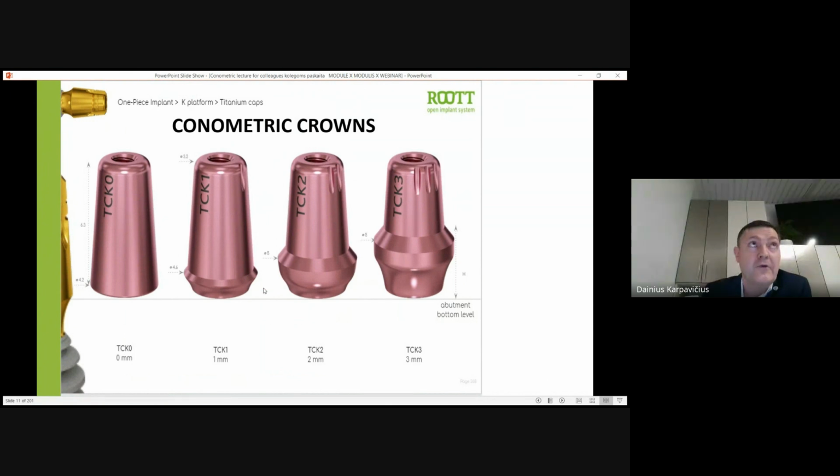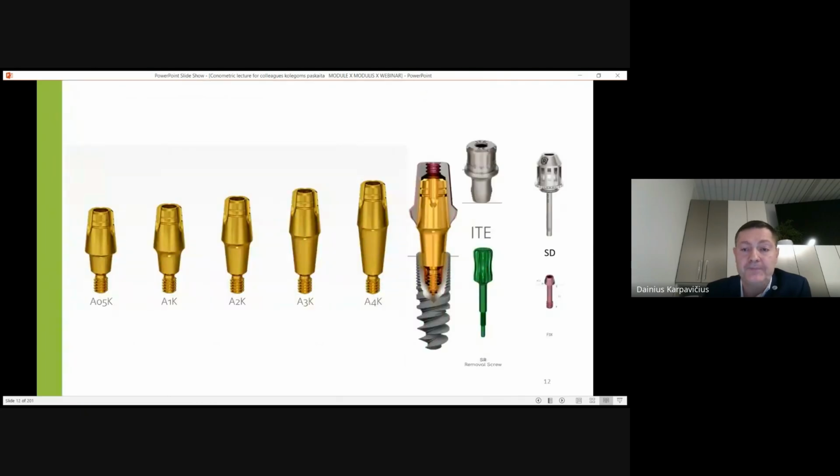From my practice, I would say the ECK conometric cap is about 98-99% of usage in our daily practice, what we recognized during all years of using this method in prosthetics.